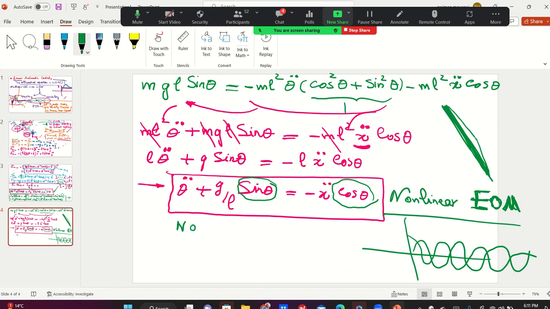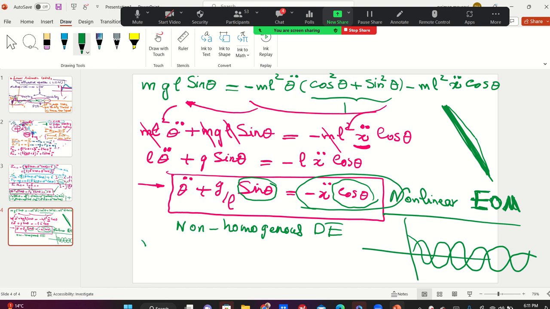For now, the name of this equation is non-homogeneous differential equation. Why non-homogeneous? Because the right hand side is not zero. We have excitation.